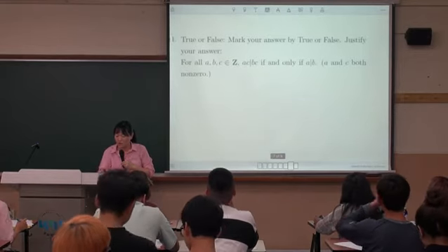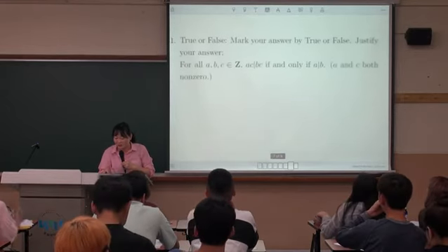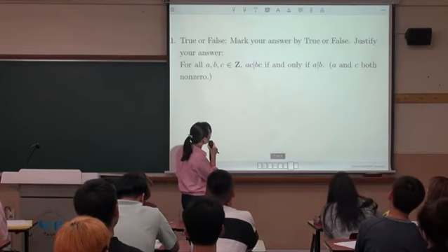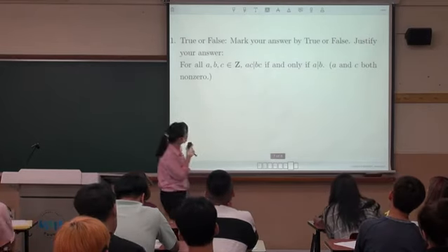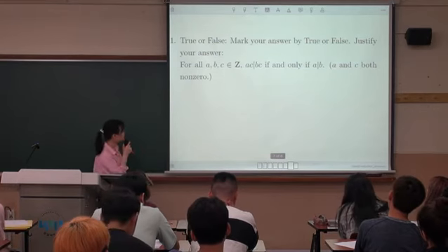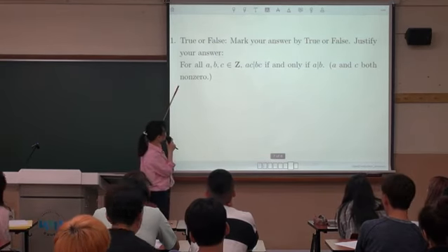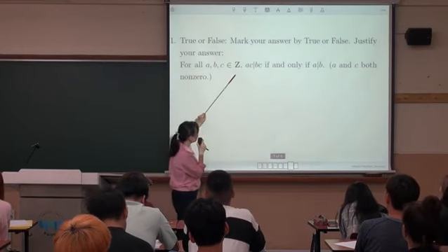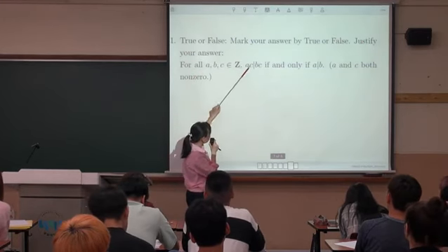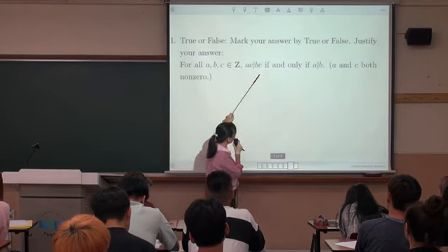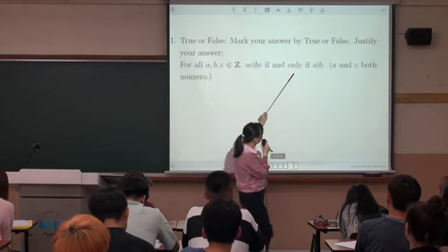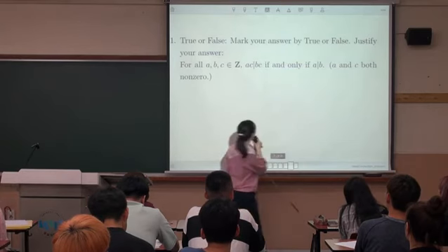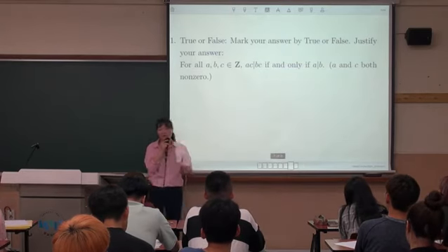So in your quiz or in your exam, you will see many true-false questions. So mark your answer by true or false and justify your answer. Okay, so here. 시작. For all A, B, C in Z, AC divides BC if and only if A divides B, A and C both non-zero.